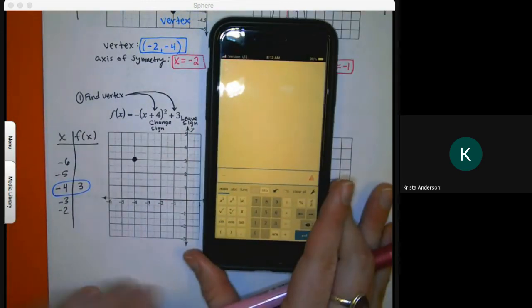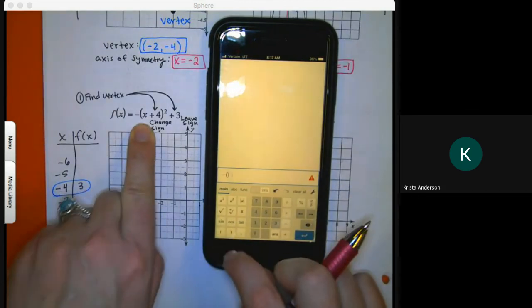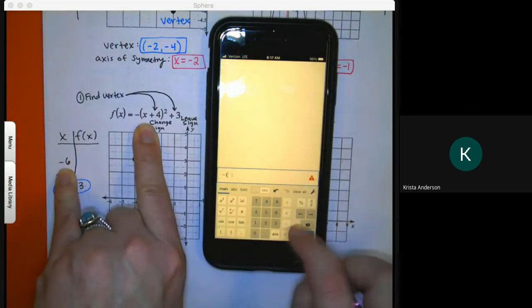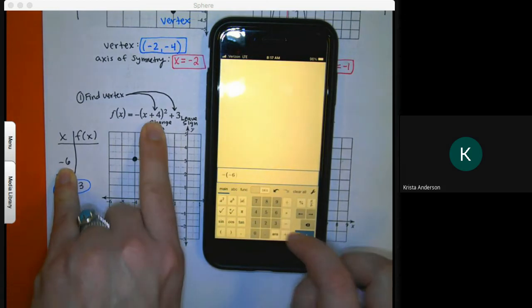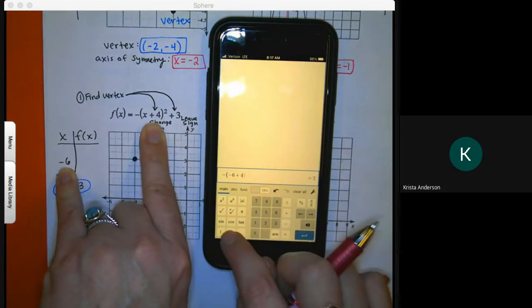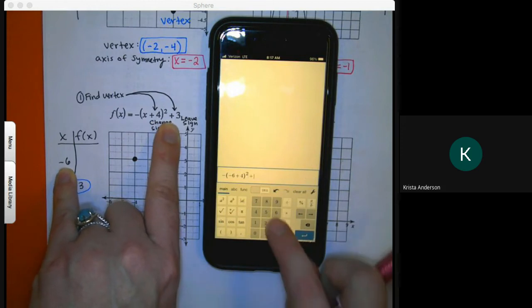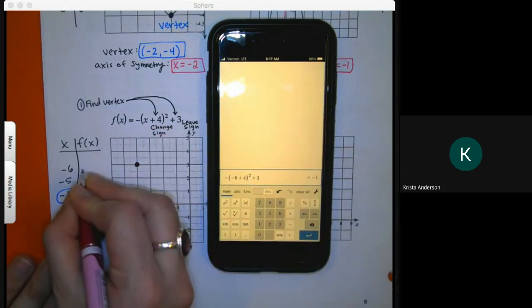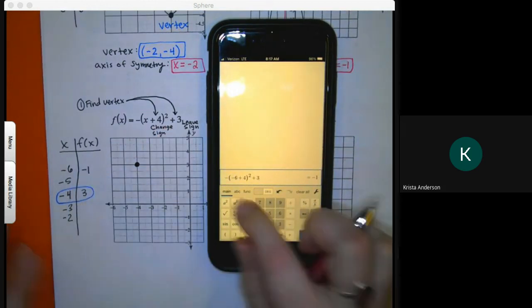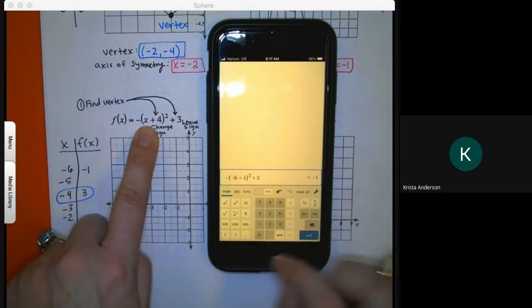Negative, parenthesis, I'm going to plug in my -6 for x, +4, close, square it, then put a +3 at the end, is -1.